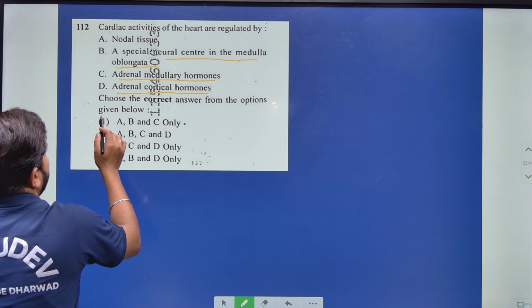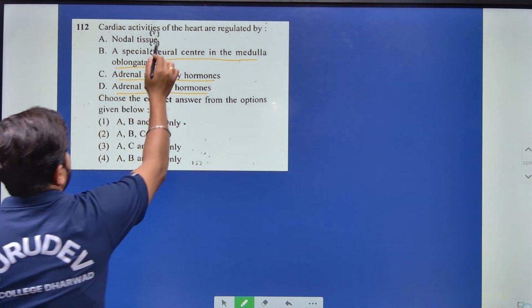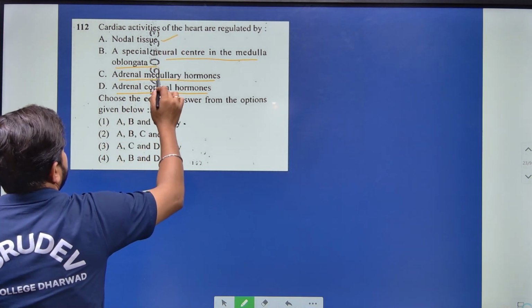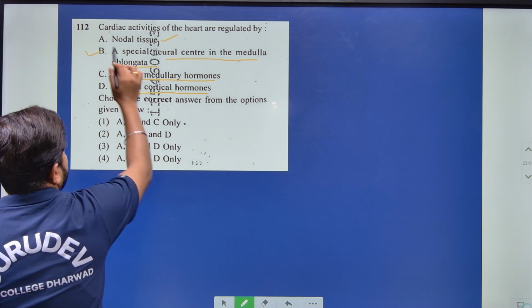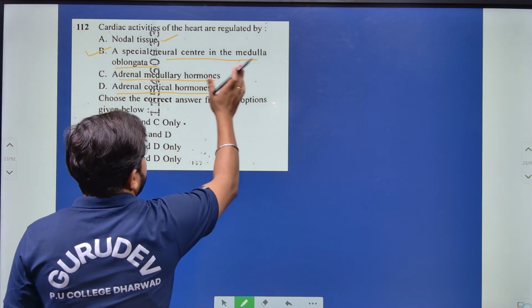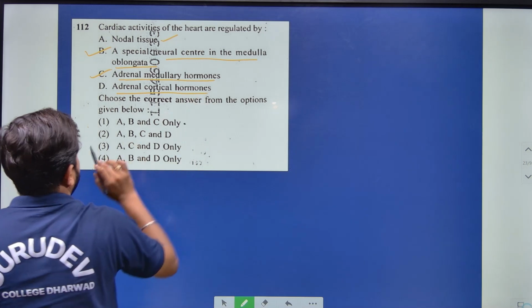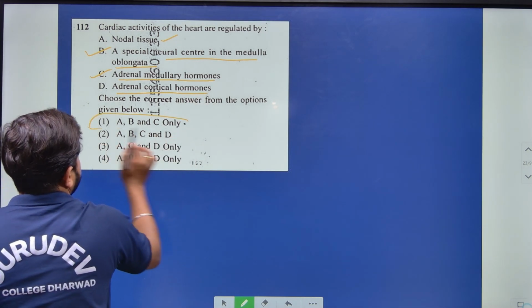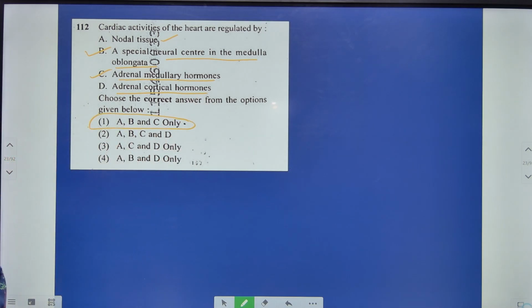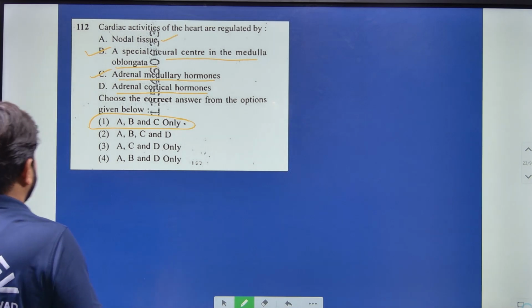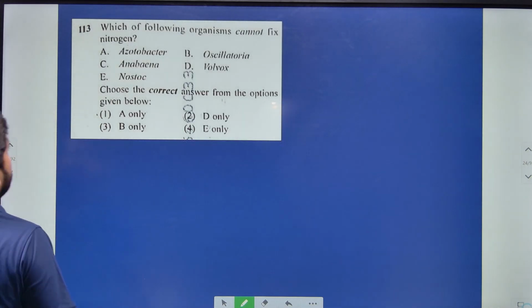So according to that, the nodal tissue is required, then a specialized neural center in the medulla oblongata, then the adrenal medullary hormones. So here option 1 is correct, right? Then moving on to the next.